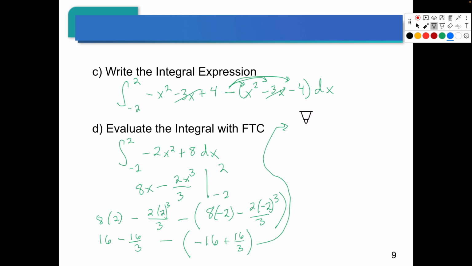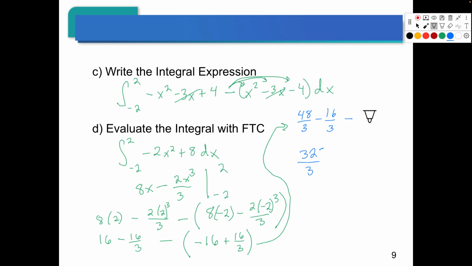So that should be 48 thirds minus 16 thirds. And I'll do that part together. So 48 minus 16 is 32. Is that right? 32 thirds.